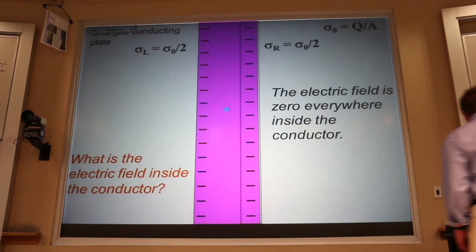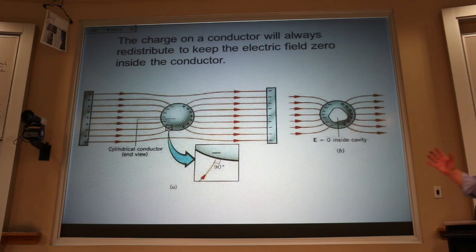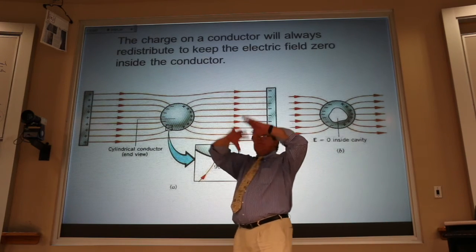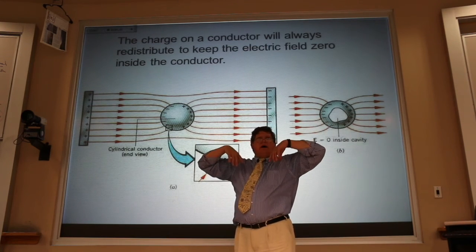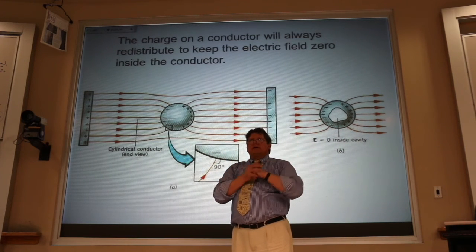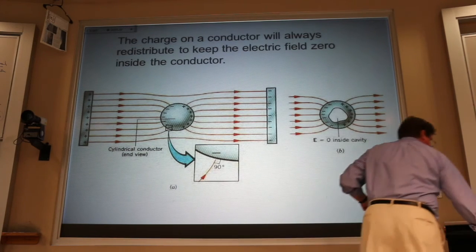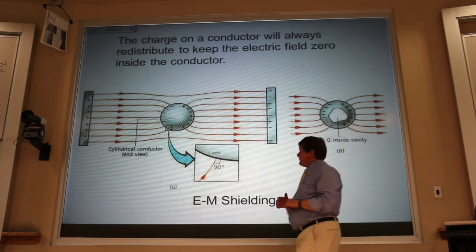Now, this is true not just for this symmetric case, but for any metal of any shape. You could have a metal statue of some war hero, and everywhere inside that metal, your electric field has to be 0. Now, we call this electromagnetic shielding.